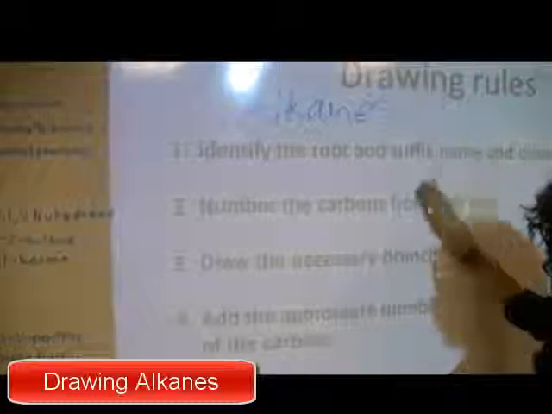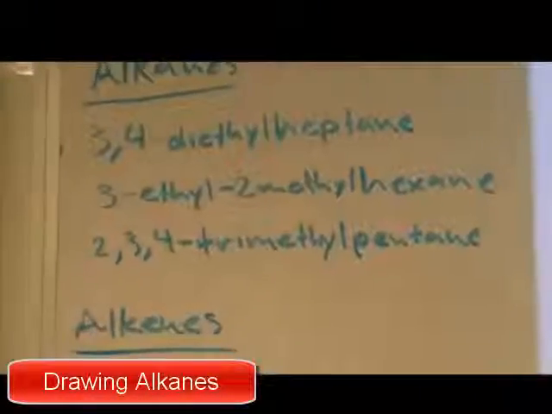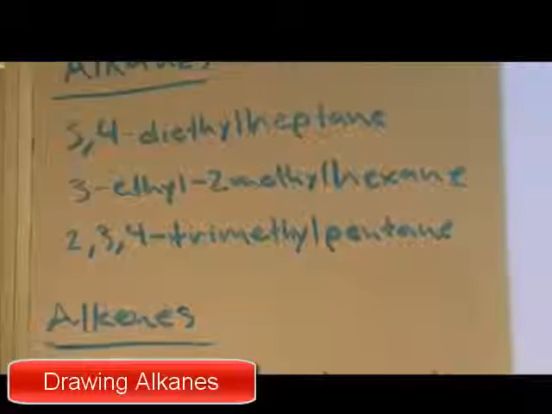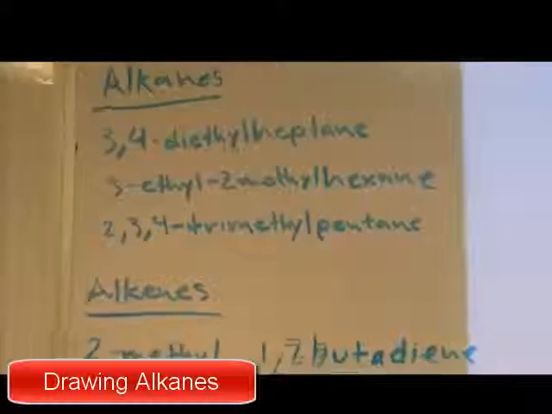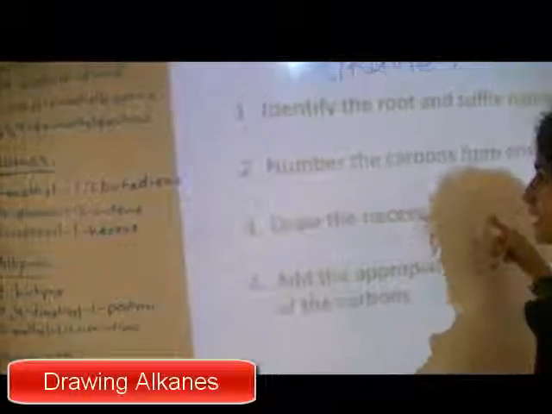Now the second is 3-ethyl-2-methylhexane. It's a chain with 6 carbon atoms, a methyl in carbon number 2 and 1 ethyl in carbon number 3.